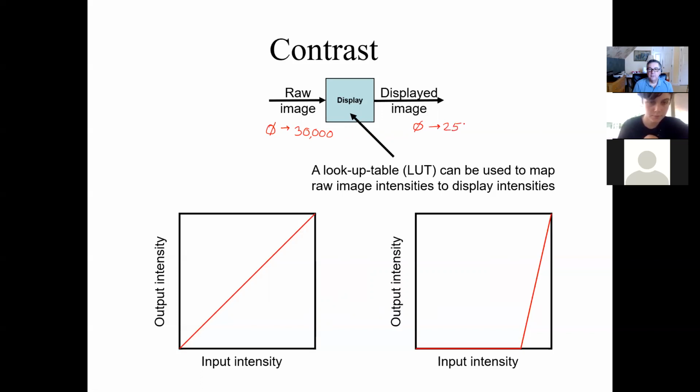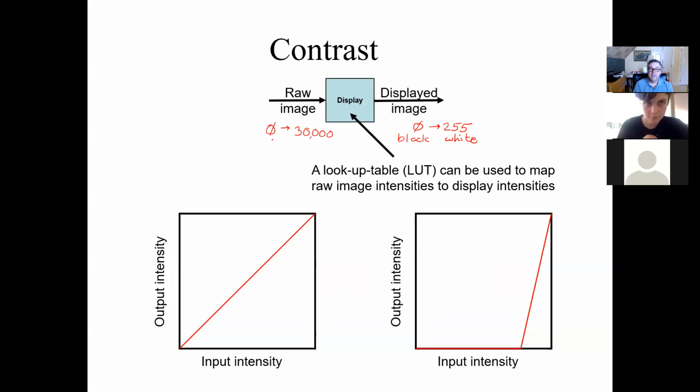So it goes from 0 to 255, no matter what the input image I'm trying to display is. And so 0 is black, 255 is white, and then I have all of those gray levels in between.